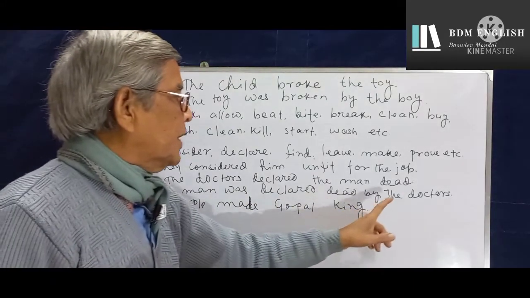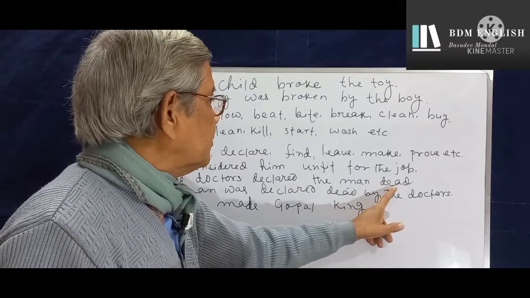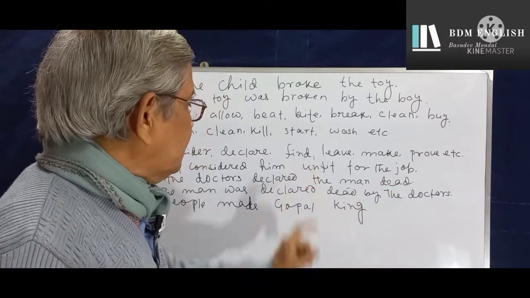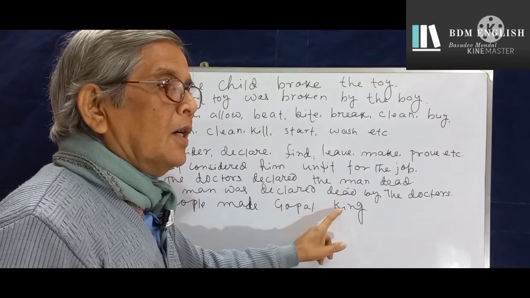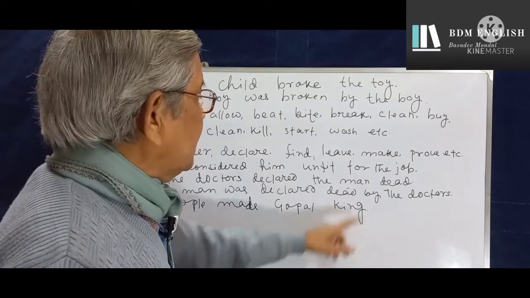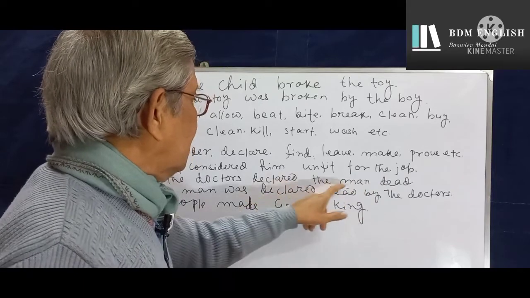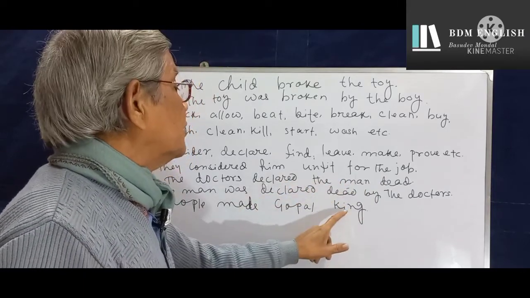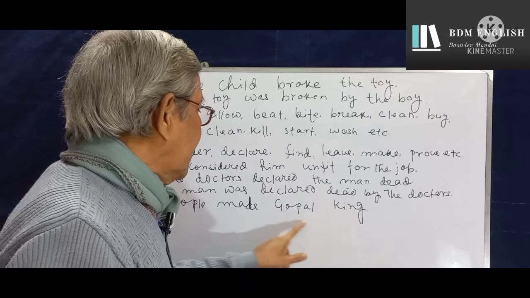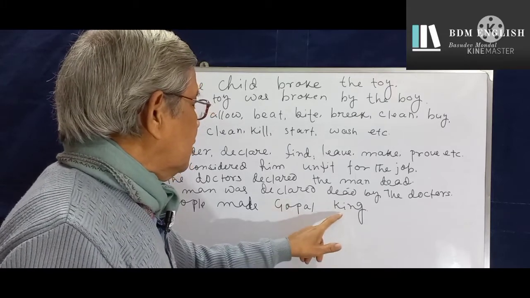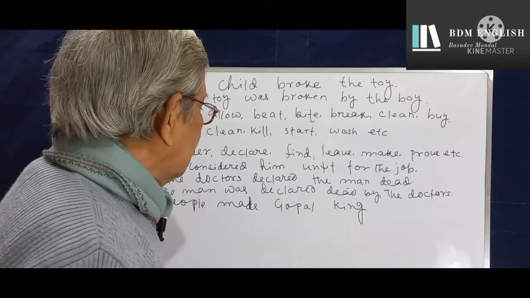Therefore, a complement can be an adjective like dead or unfit. It can also be a noun. When the complement is an adjective, it describes the noun, that is the original object, and when it is a noun, it refers back to the object. So it is here also an object complement.